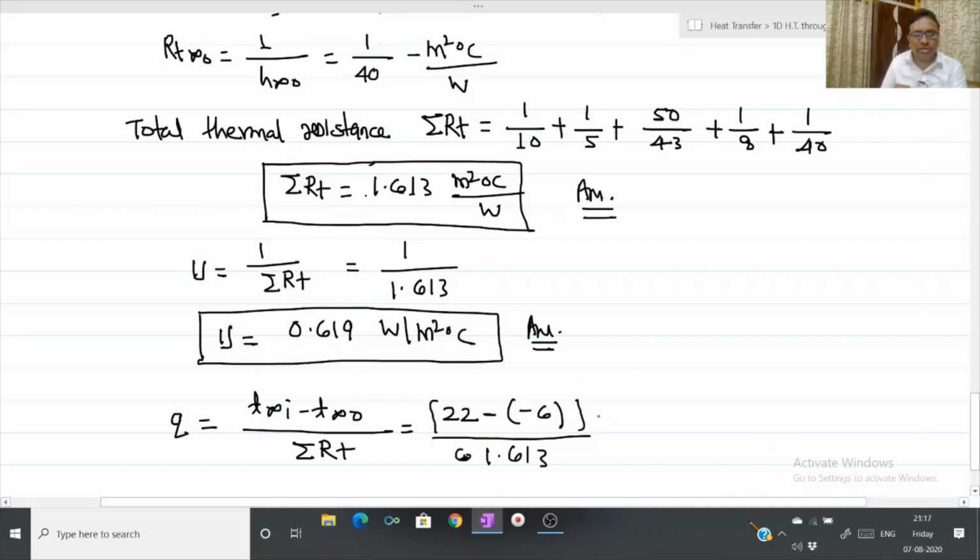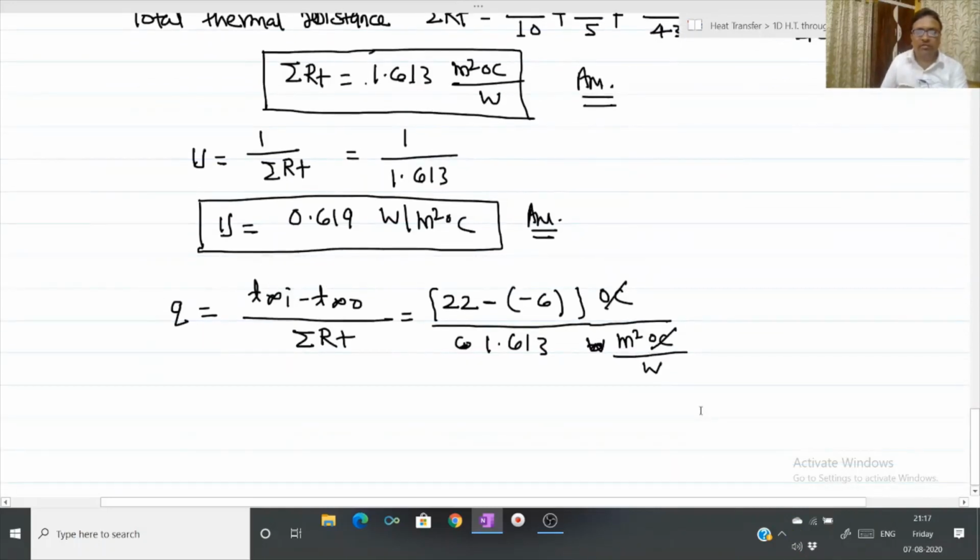This temperature difference is in degrees Celsius, and the unit of total thermal resistance is meter square degrees Celsius per watt. This degree Celsius will get cancelled. This watt will go in the numerator.